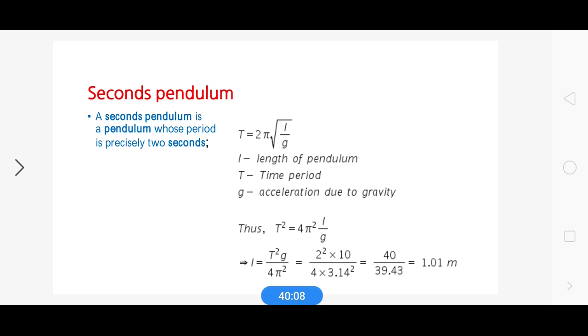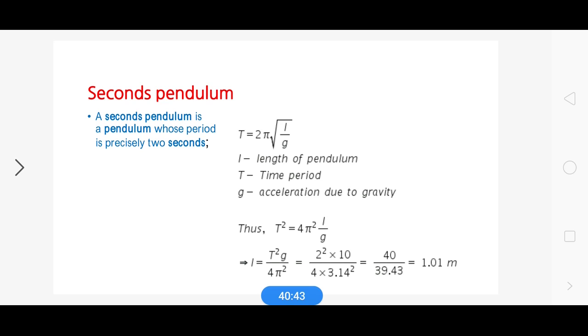So we substitute 9.8, or simply the approximate value 10 meter per second square, to get the value of the length of the seconds pendulum. So L is equal to g T square by 4 pi square. So T square means 2 square into 10 by 4 into 3.14 whole square.